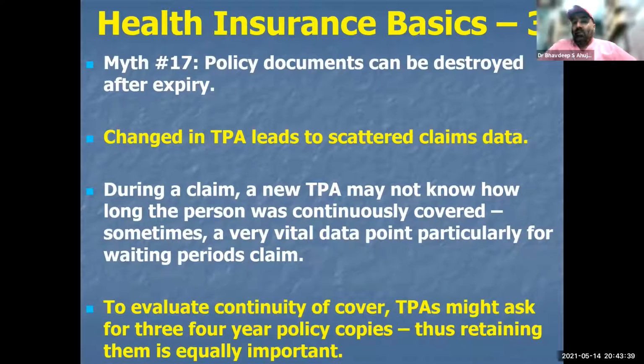The TPA, the third party administrator, would ask for your previous policy year copies, showing the clauses under which you were covered as per the IRDAI guidelines. Even if a merger of the companies has happened, the new insurer has to oblige you with your existing terms and conditions, even if they are not offering the same plan in their own company.